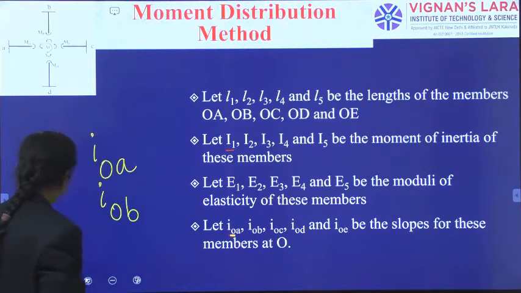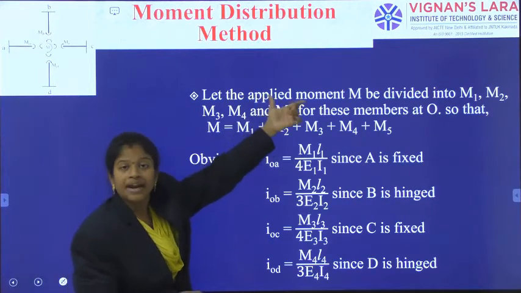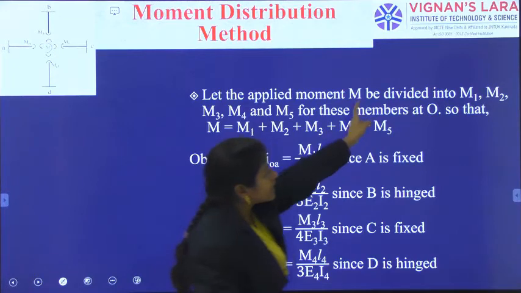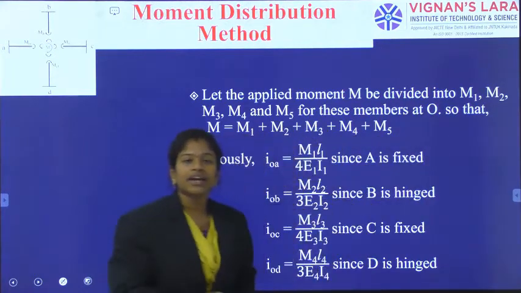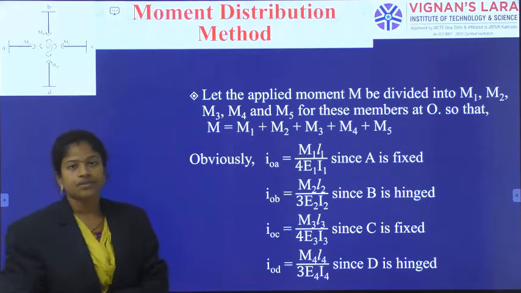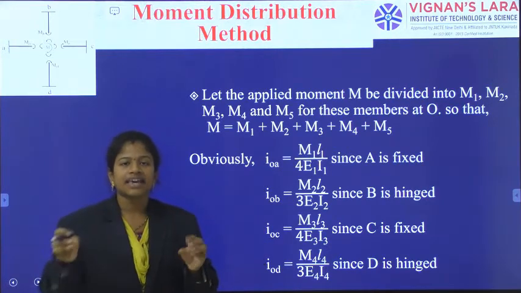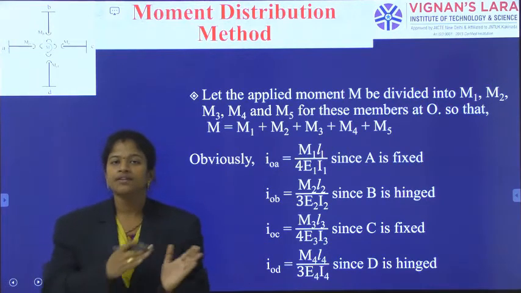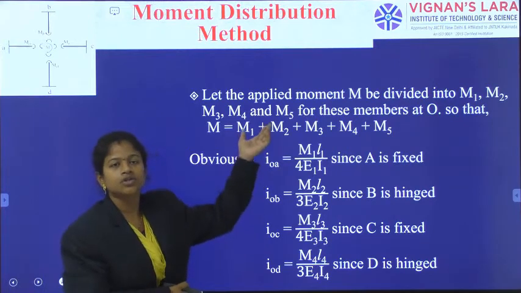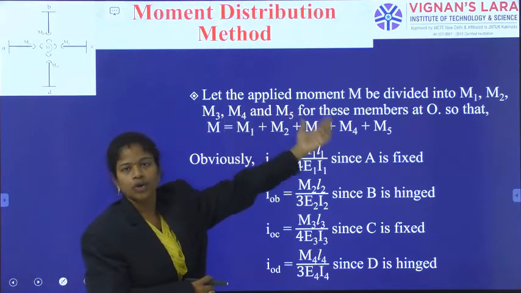And then the applied moment capital M is divided into M1, M2, M3, M4 and M5. So the total moment is given, and each member takes some quantity of the moment for giving the rotation. Those quantities I have taken as M1 to M5.